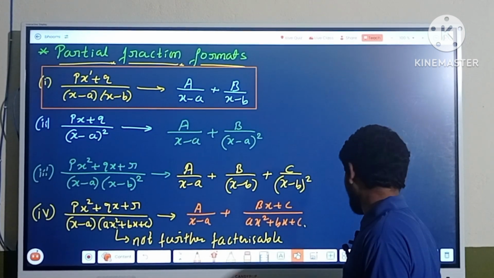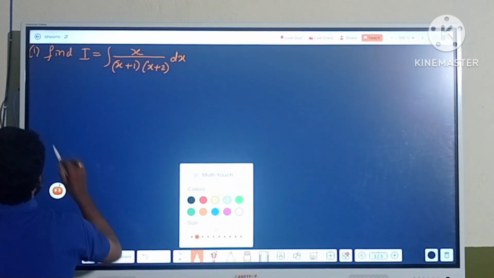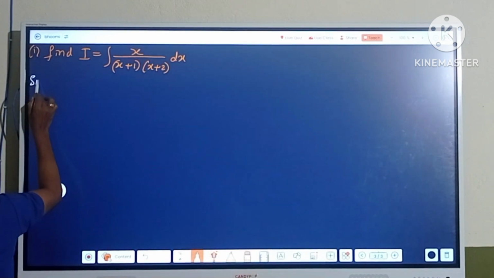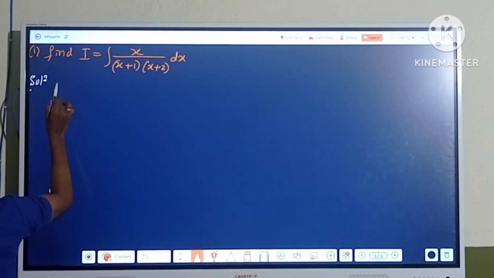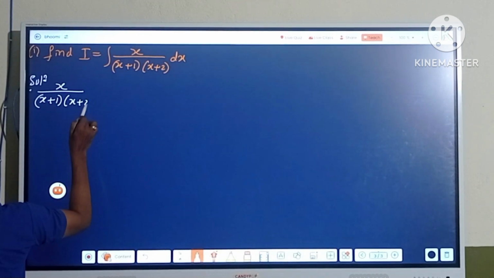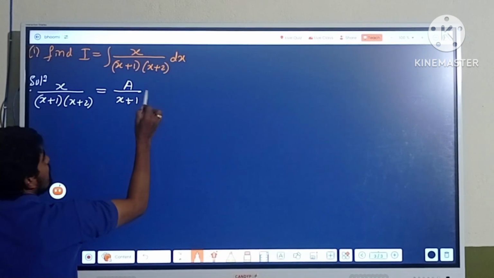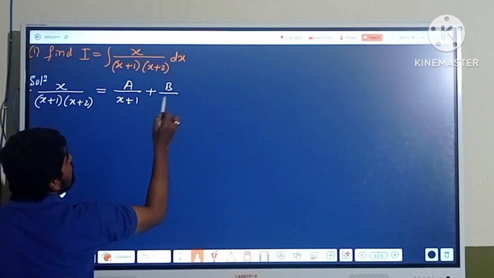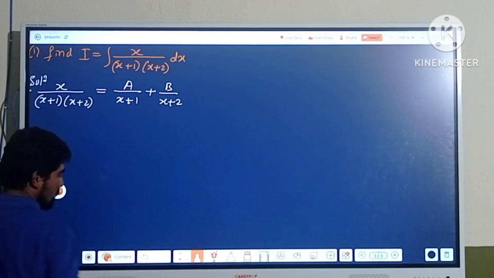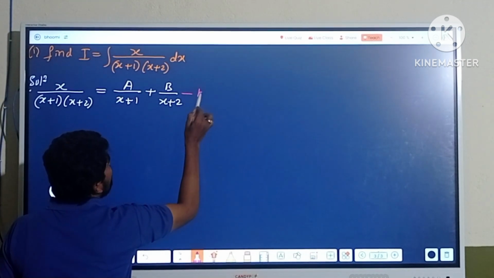So that's why here I am going to express this rational function, that is, x divided by (x plus 1) into (x plus 2) is equal to A divided by one of the factors x plus 1 plus B divided by another factor x plus 2. Let us consider this is your equation K.